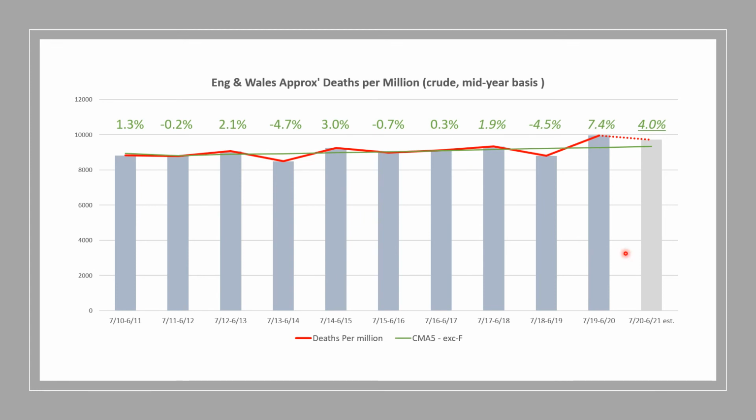If we make that assumption, we can put in an estimate for 2020 to 2021, and this shows clearly that mortality oscillates around the forecast value, sometimes approaching a 5% oscillation, as does 2018-2019.